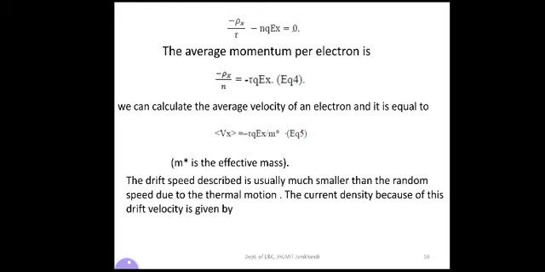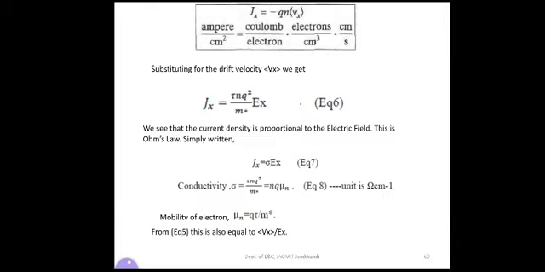So the current density because of the drift velocity is given by Jx equal to minus q n into Vx.